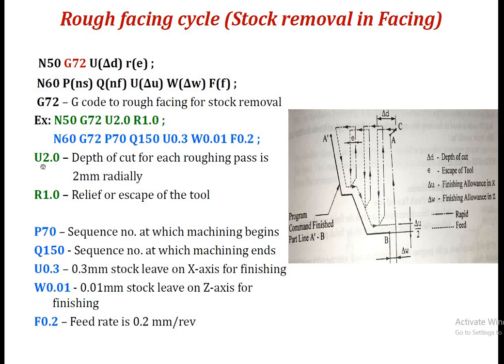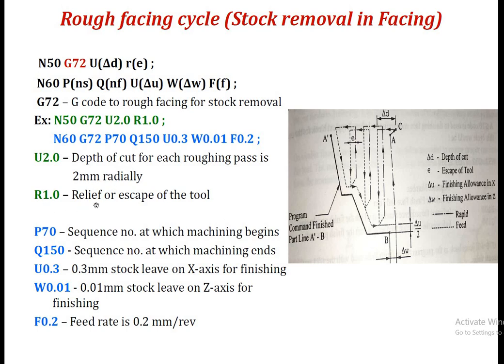In this example I have taken U2.0, so 2 mm is the depth of cut for each roughing pass. In a facing cycle, for the first pass, the second pass, and whatever passes there are in this complete cycle, the depth of cut for each pass is 2 mm.